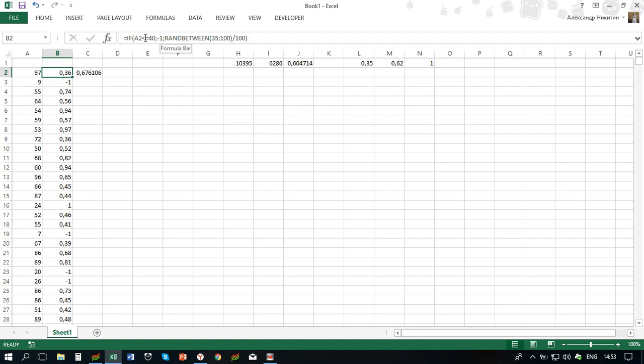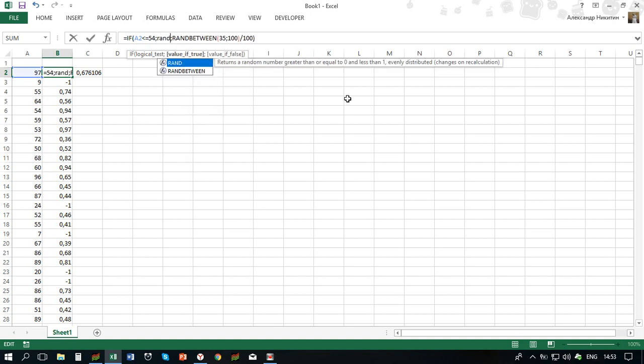If it is less than or equal to 54, this time it should be a winner that generates what? It should generate a random number between which numbers? Between 0.62, roughly 62, and 100.